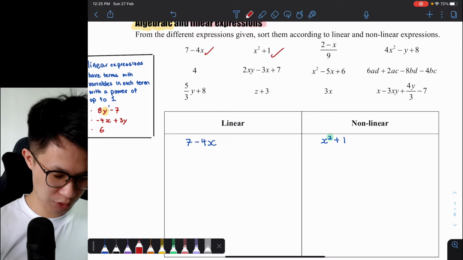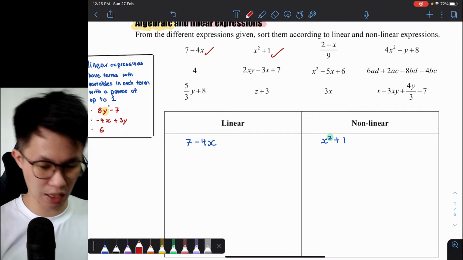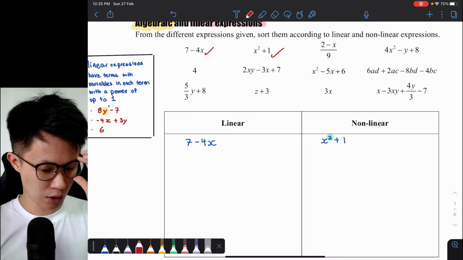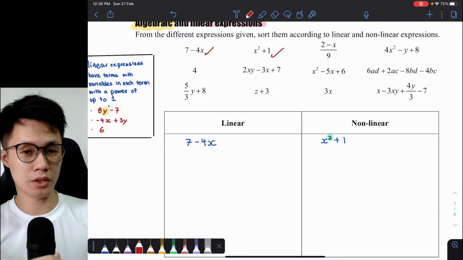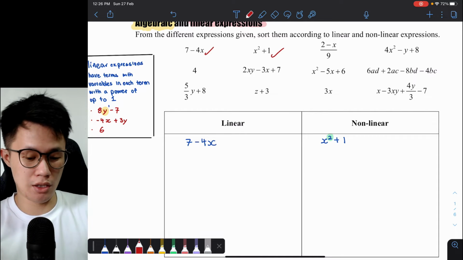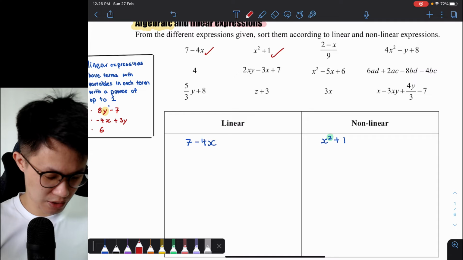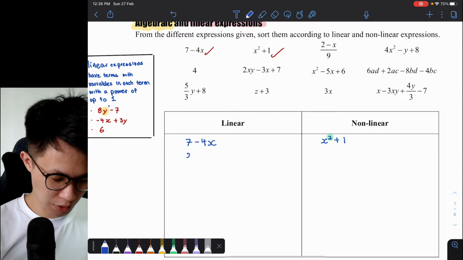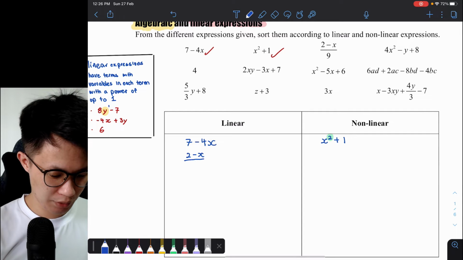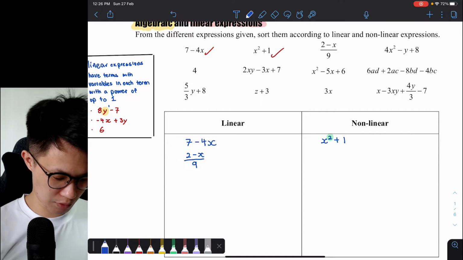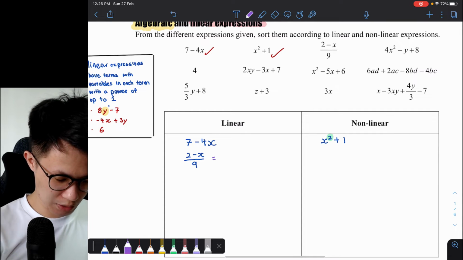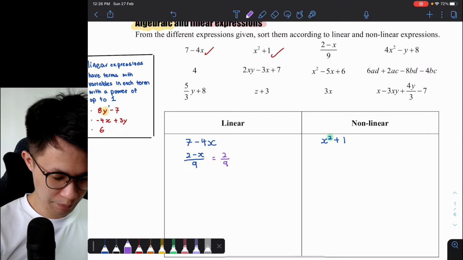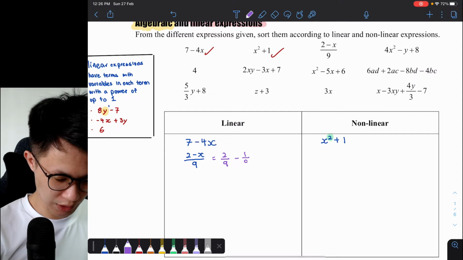And here we have 2 minus x, all divided by 9. As long as your algebraic term is in the numerator, that's great. In this case, this is also considered linear because you can write this expression as 2 over 9 minus 1 over 9 times x.